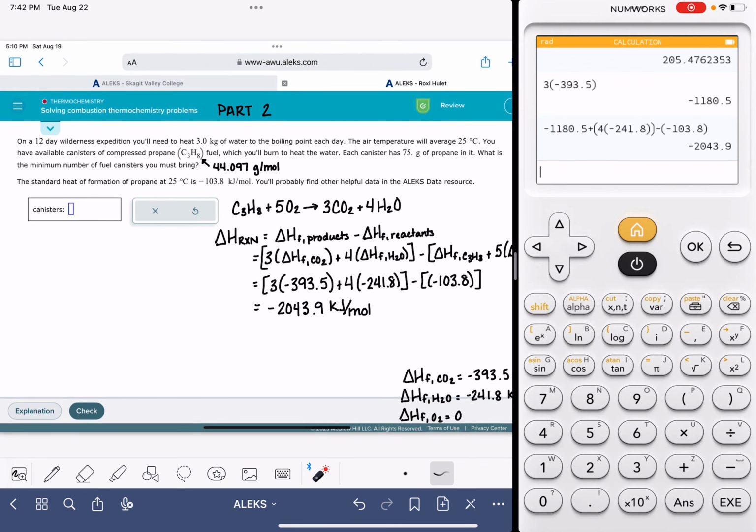And the problem is asking us, let's go back to what the problem is asking. The problem is asking us to figure out how much of this fuel we're going to need to heat a specific quantity of water. So we have figured out how much energy is produced every time this reaction occurs. Now what we need to figure out is what is our energy need? How much energy are we actually going to need?